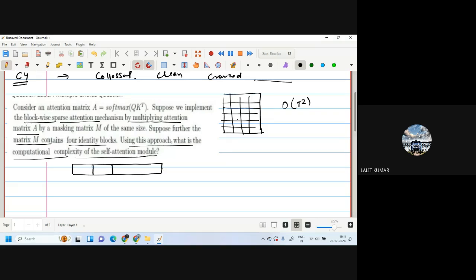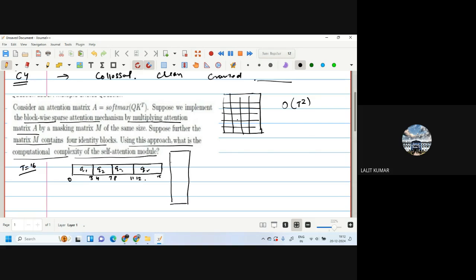For example, if we take this example of 4 blocks, with T equal to 16, Q will be split into 0 to 3, 4 to 7, 8 to 11, and 12 to 15. Okay, so this is Q1, this is Q2, this is Q3, this is Q4. And K is also divided into blocks.